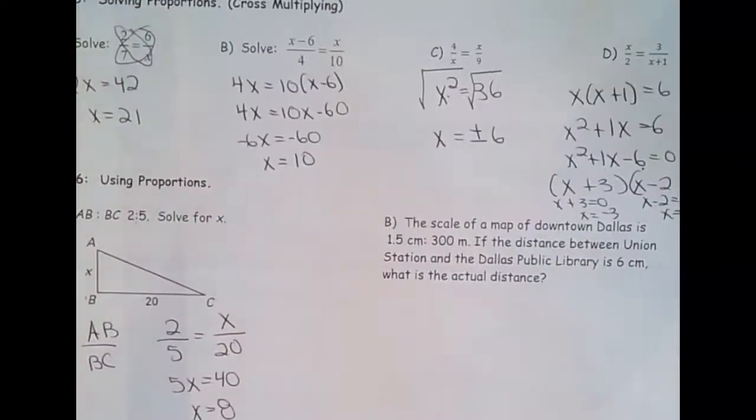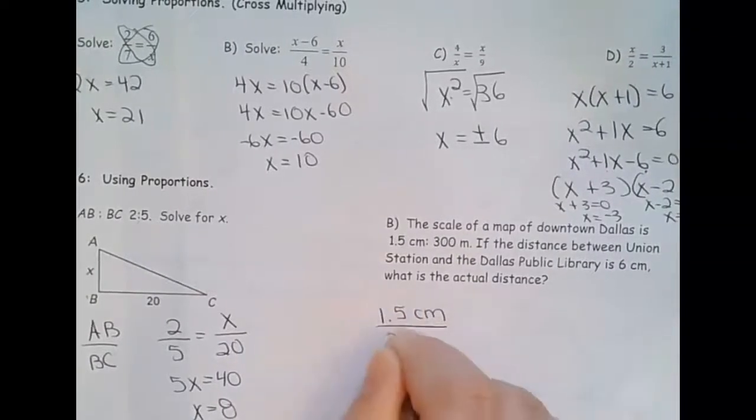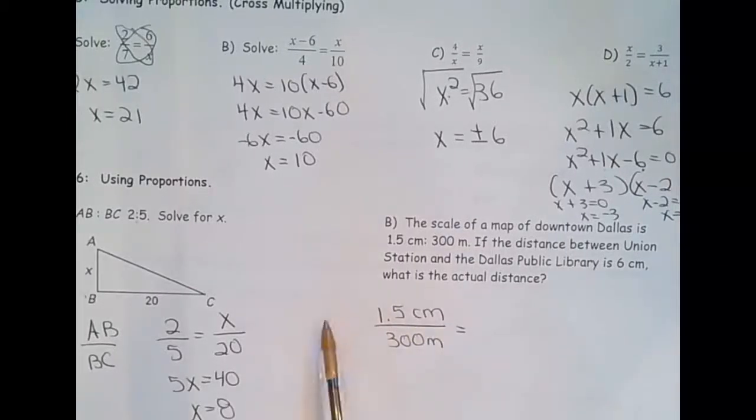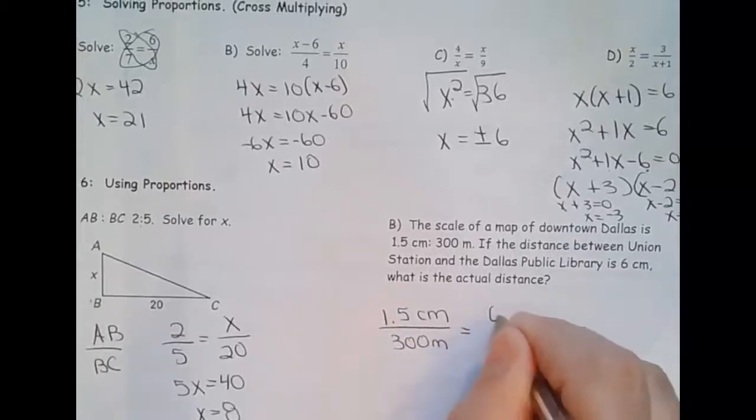Okay, last one, it says the scale on a map is 1.5 centimeters to 300 meters. It says the distance between the two stations is 6 centimeters, so that's on a map, it's 6 centimeters.